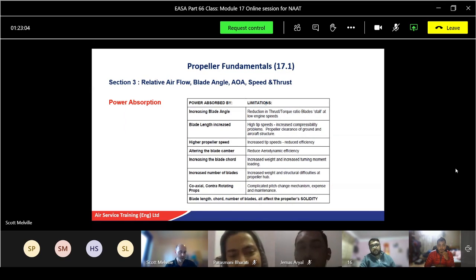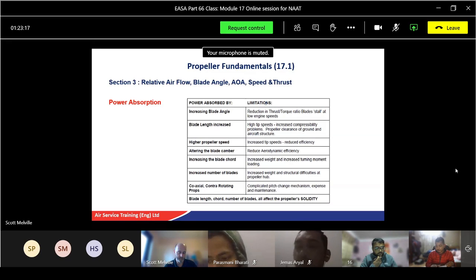Let's ask you a question. If I increase the blade angle without increasing RPM, what could potentially happen?